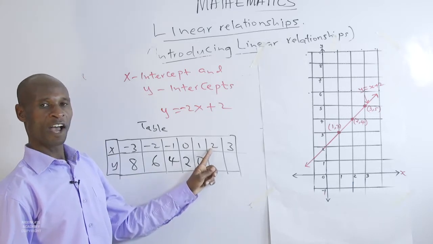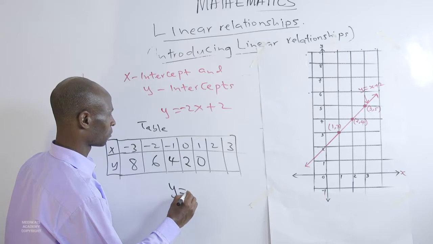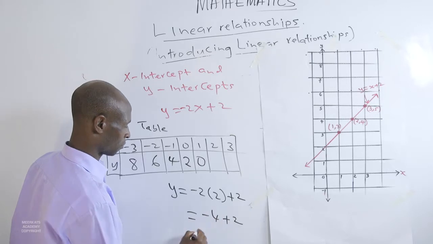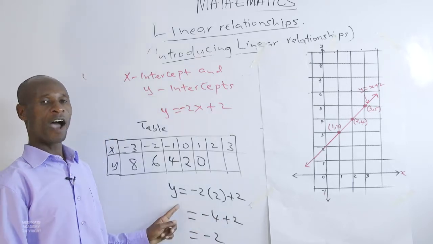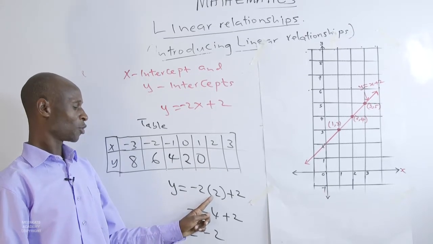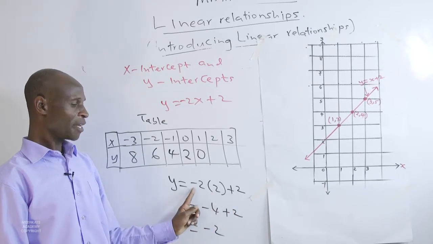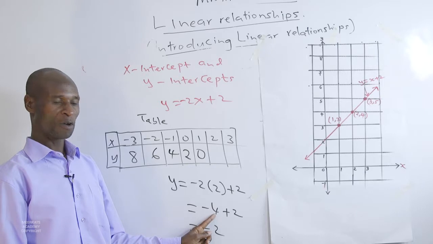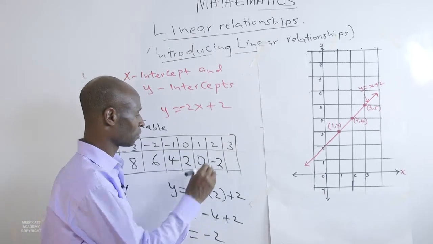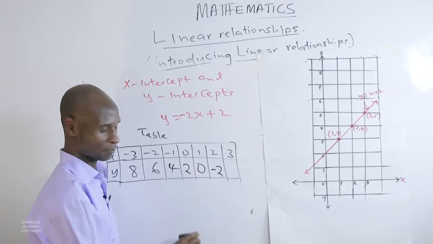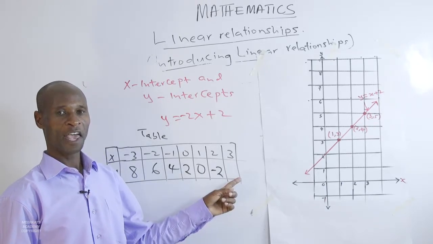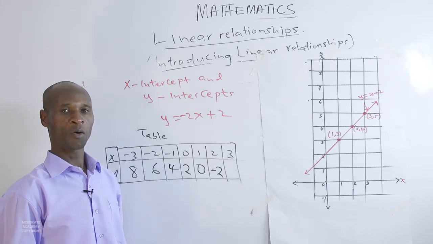What happens when x value is 2? When x value is 2, then the y value becomes -2 times 2 plus 2. Minus 2 times 2 is negative 4. Plus 2, the result is negative 2. Finally, we substitute the value of x as 3 and find the corresponding y value.